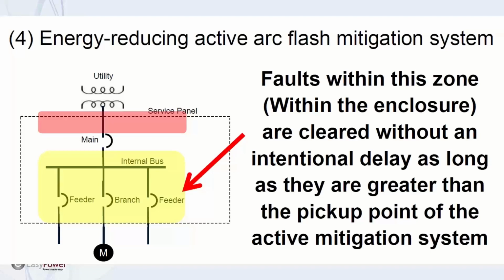And this is referring to, rather than current sensing, light sensors that can be placed anywhere in my system and protect that particular element or subsystem, and can respond quicker than the reaction time to current. And so they're cleared with a specific delay as long as it's greater than the pickup point of the active mitigation system.